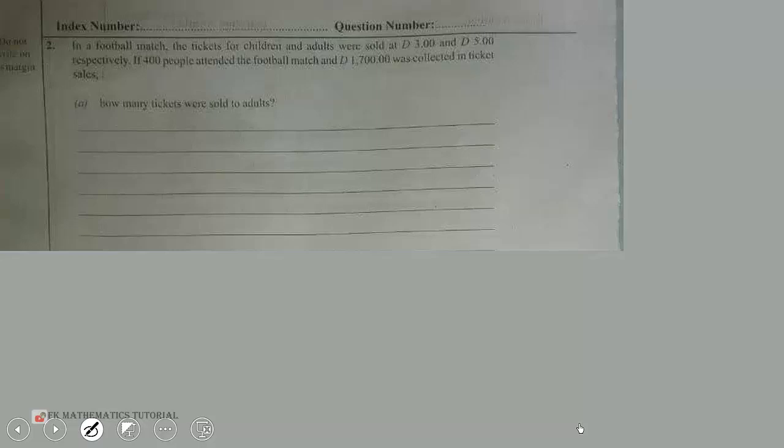So this is what we can do. Let C represent that of children and A represent that of adults. So the total number is 400. So C plus A is equal to 400.